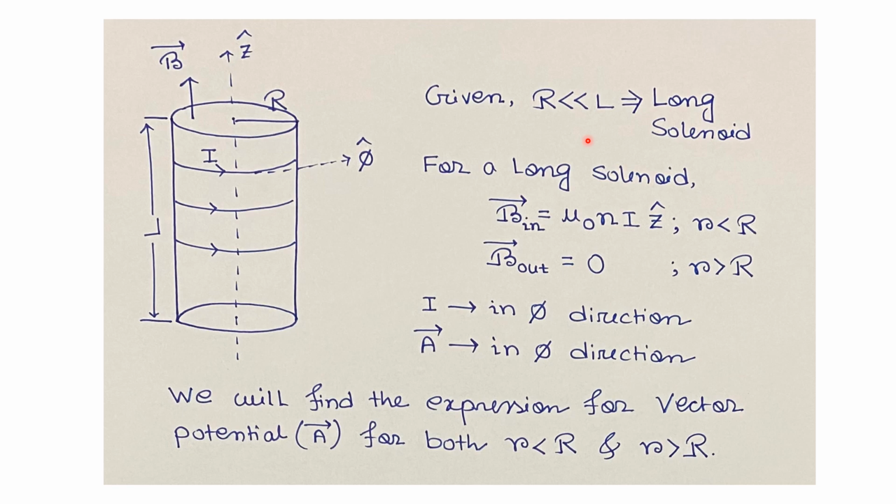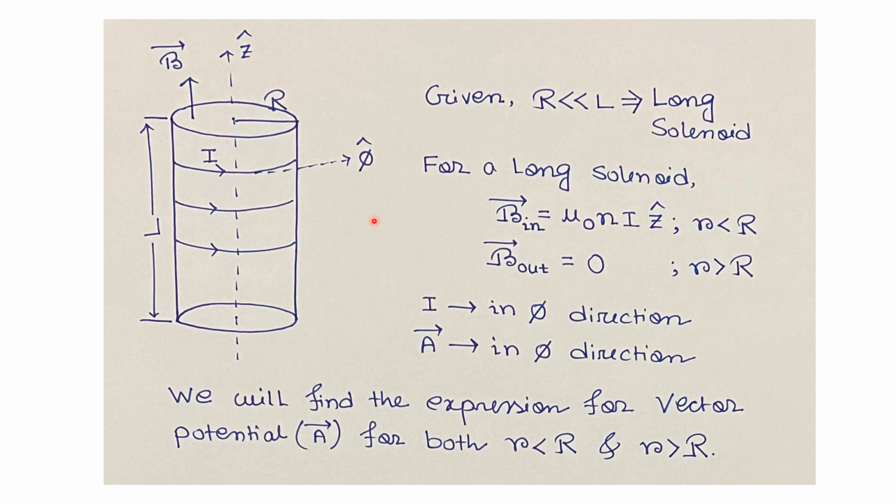Now we know for a long solenoid the magnetic field inside the solenoid will be constant, and that is given by mu naught N I z cap, where mu naught is the magnetic permeability in the vacuum, N is the number of turns per unit length and I is the current flowing through the solenoid.